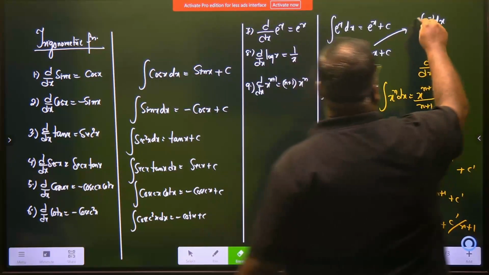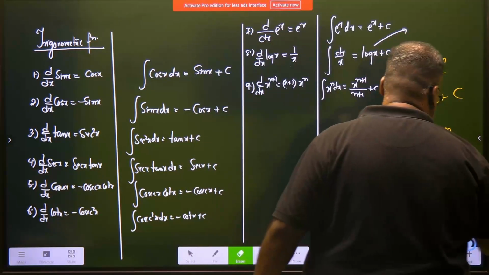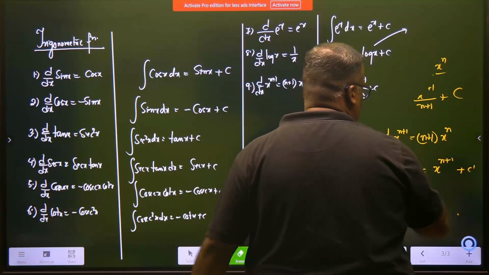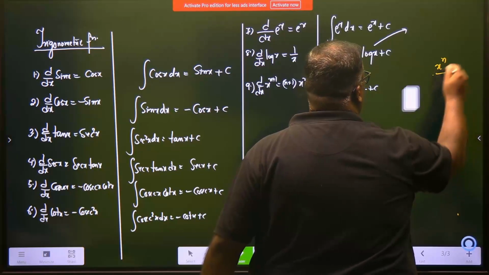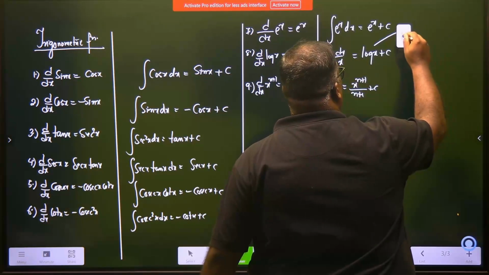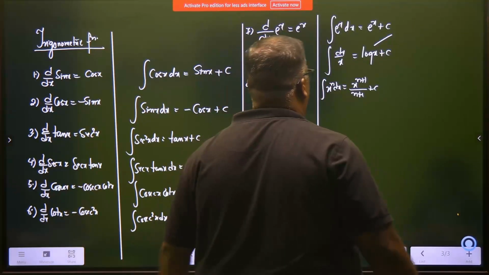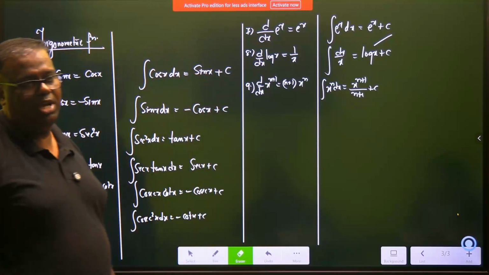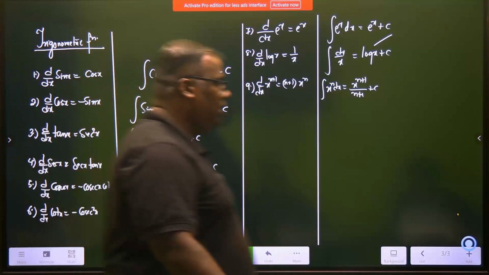I hope you have understood this much of formulas. Initially, they are sufficient for you. These are the fundamental formulas with which your vehicle will be moving initially. Have we understood?